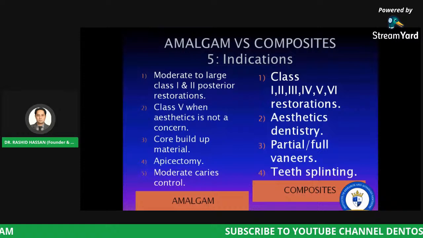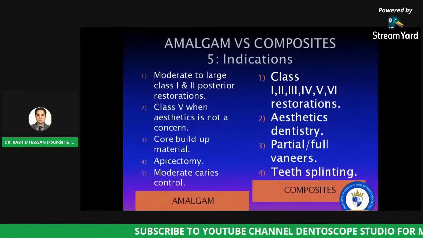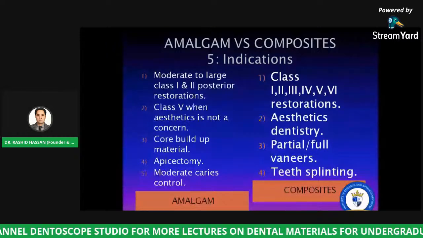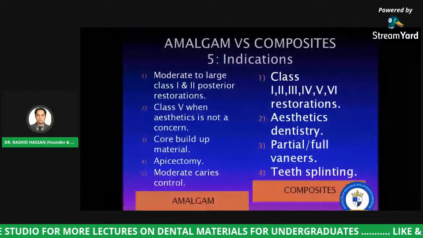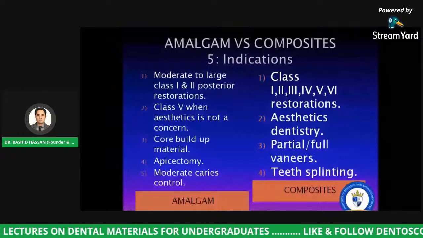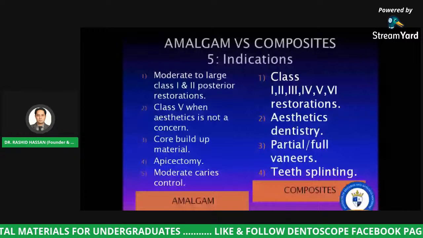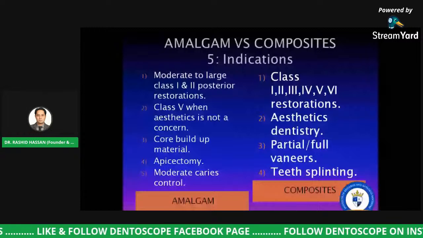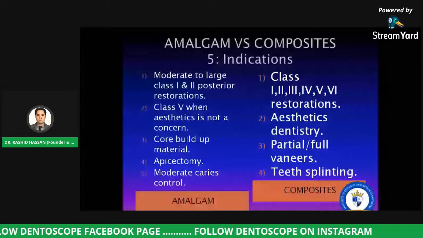It is the major and most important material for aesthetic dentistry. It doesn't matter if you're doing an anterior restoration from canine to canine, or building up the tooth, whatsoever, you always prefer dental composite as the direct aesthetic restorative material.